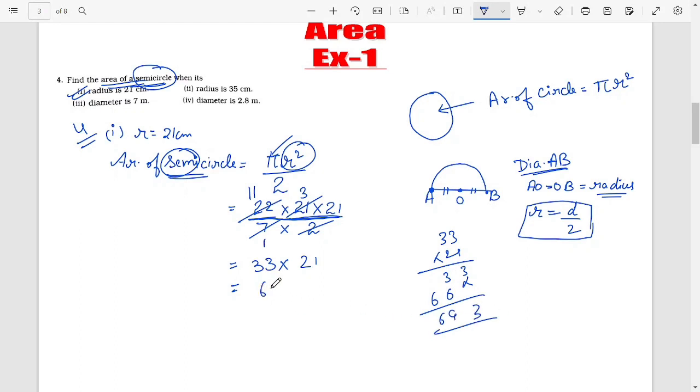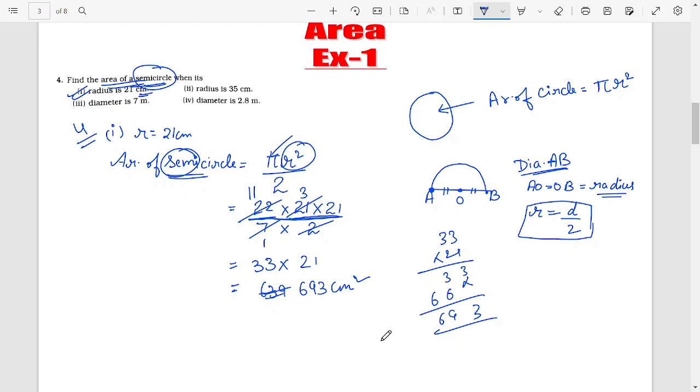So the final answer we are getting is 693. What is the unit here in the radius? Radius unit is centimeter. So the area answer will be in centimeter square. So the final answer of the fourth question first part is 693 centimeter square.